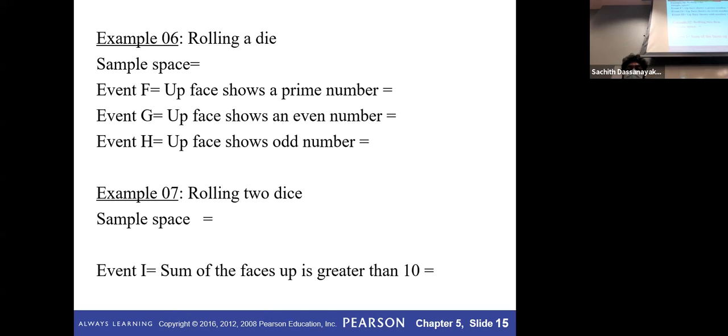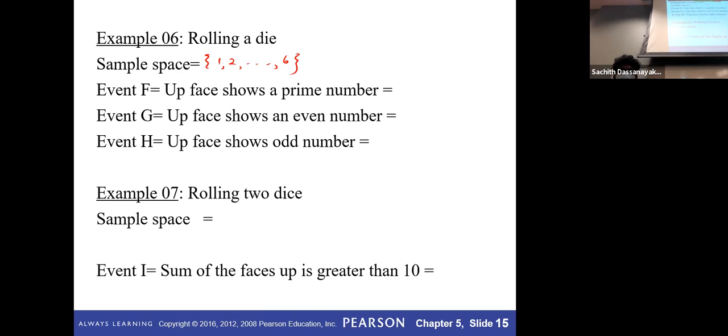Okay. Rolling a die, just one. Sample space 1 to 6. You should write everything: 1, 2, 3, 4, 5, 6. Don't put dots.